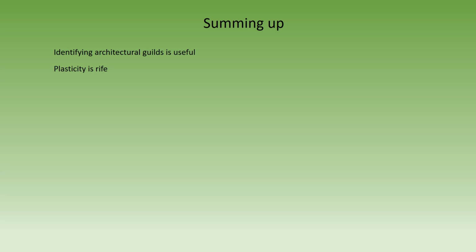Secondly, and a very important point here, is that plasticity in these dune thicket trees is rife. Many of these plants are capable of adopting vastly different architectures, depending on the context in which they find themselves. How this mechanism works, this incredible plasticity, is not yet known, and certainly will be a subject of very interesting research.